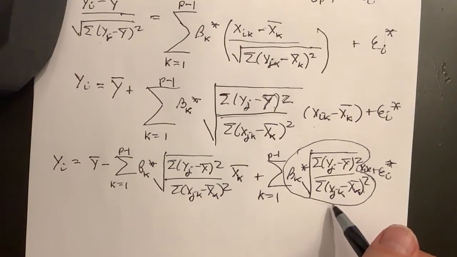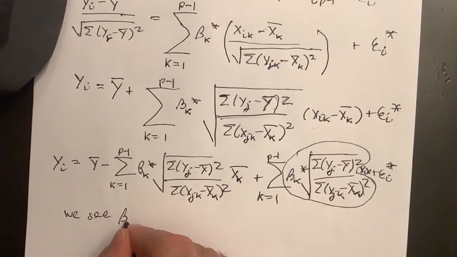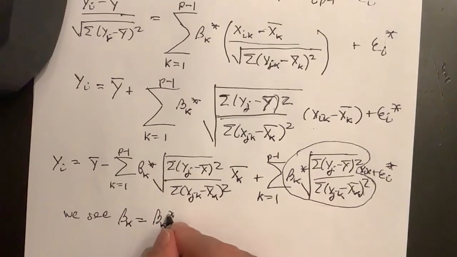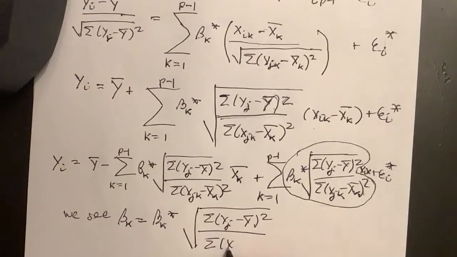What are these? These are the beta k's, right? So from looking at this, we see beta k is equal to bk star times the ugly square root of the sum of yj minus y bar squared over the sum of xjk minus xk bar squared.